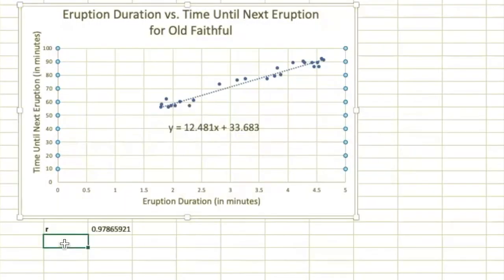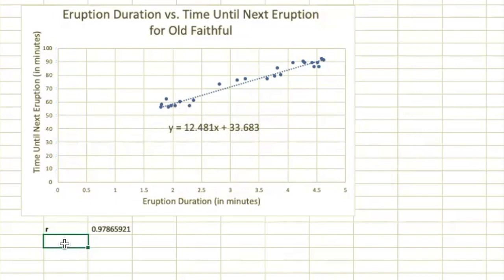Now, you can also generate the slope and the intercept of this equation in another way. I'm going to go to an empty cell and create a spot for slope and one for the y-intercept. In the cell next to the word slope, I'm going to hit equal sign, type slope, and you'll see it'll come up as a choice.